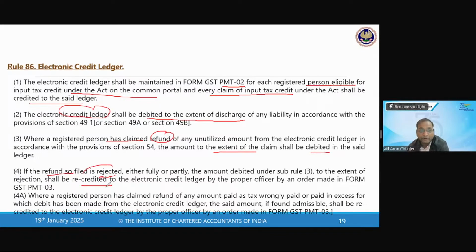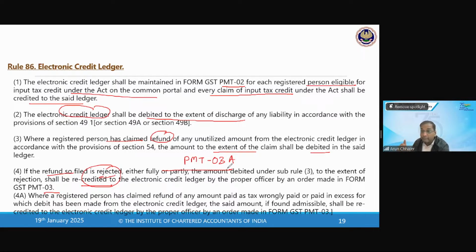Now this is a very important concept. Earlier, whenever a refund was granted, it was always granted in the cash ledger. But now the concept of PMT-03 and PMT-03A was added in the law, which says that in some cases the amount of refund, instead of being given in cash, will be credited back to the electronic credit ledger.